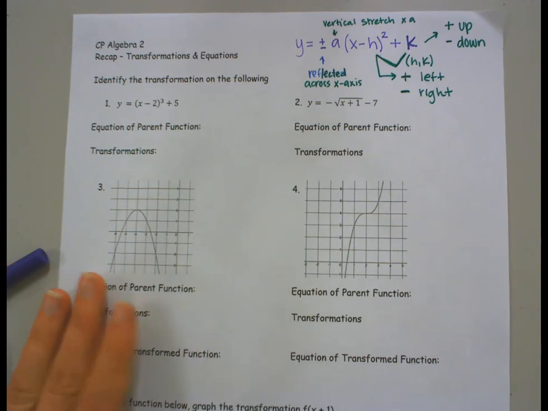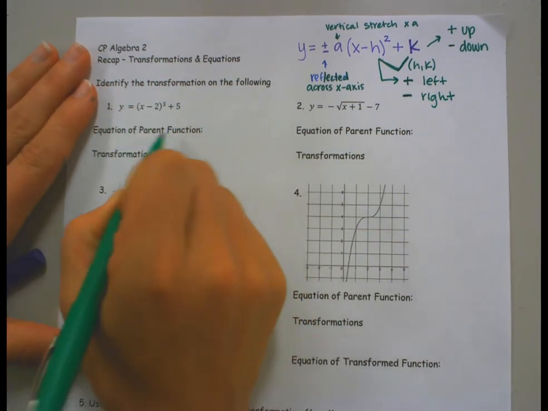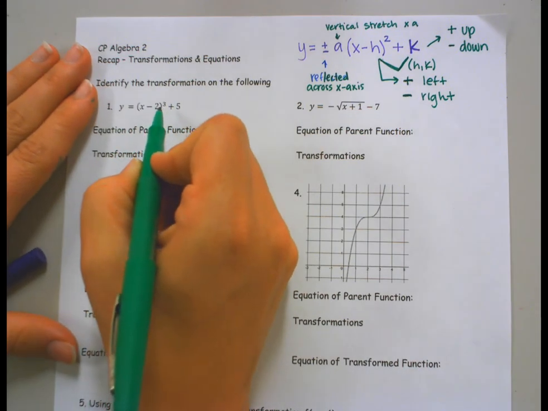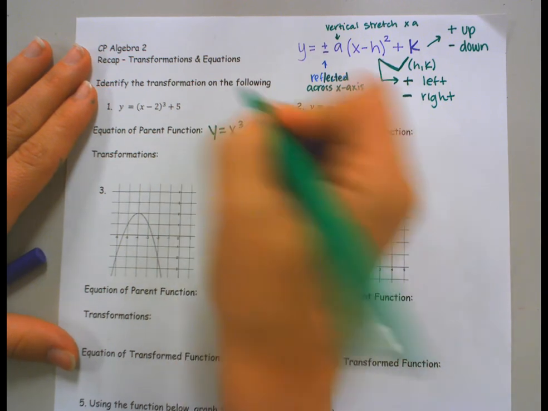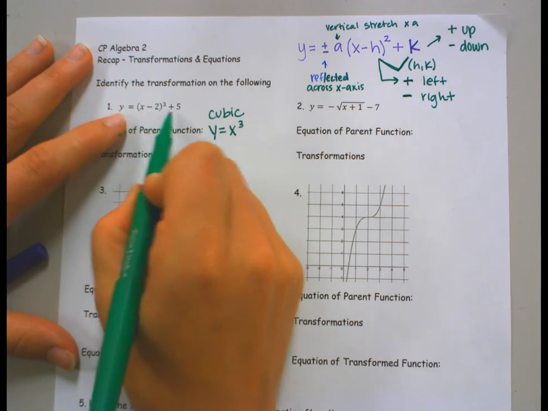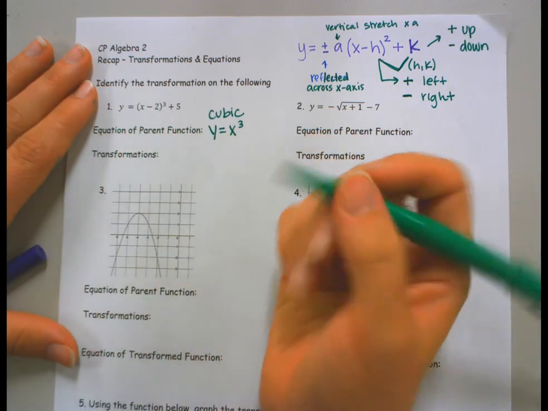So if we think about this first example, because of this 3, this is a cubic. So that parent function is y equals x cubed, right? Looking at the transformed function, we want to figure out what transformations took place.